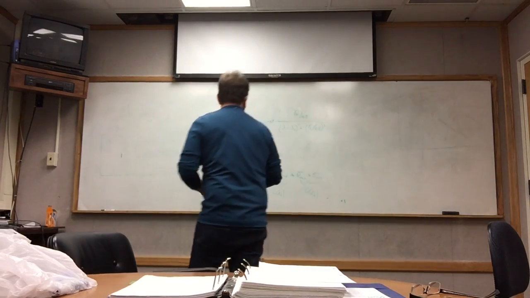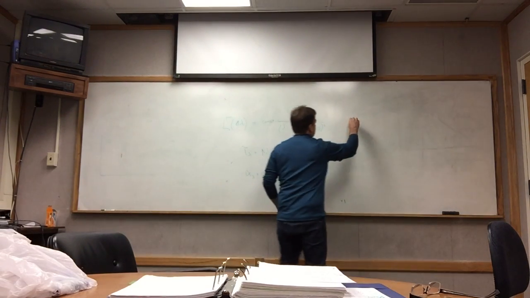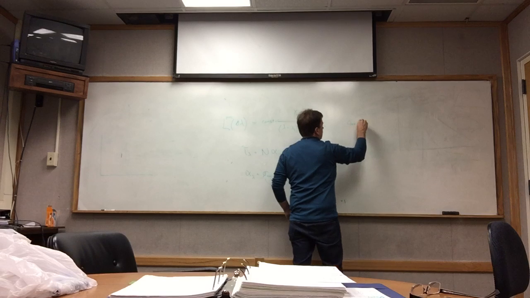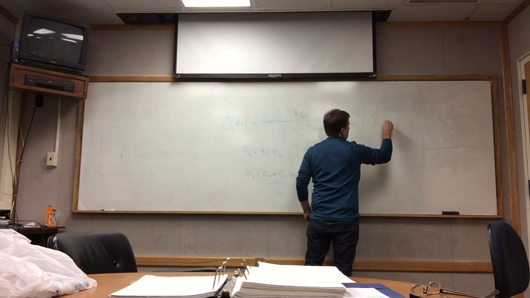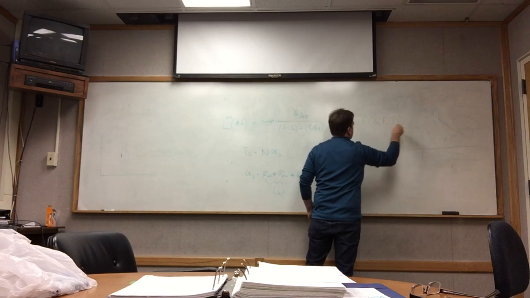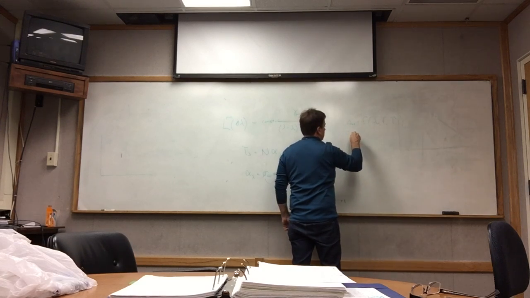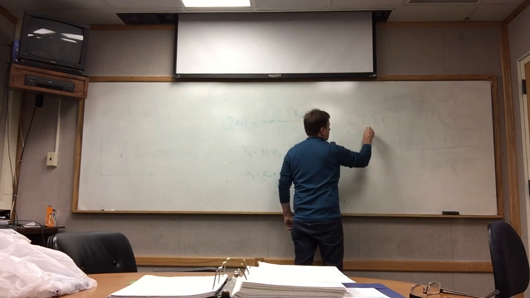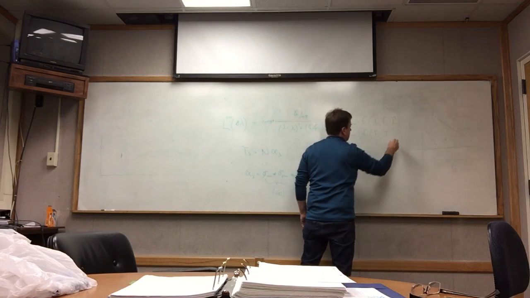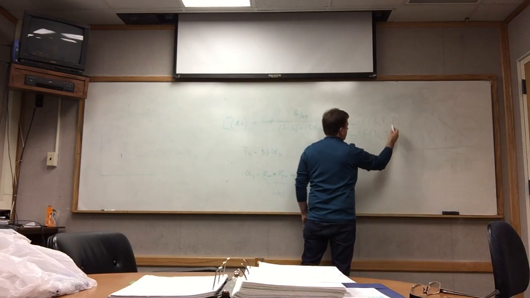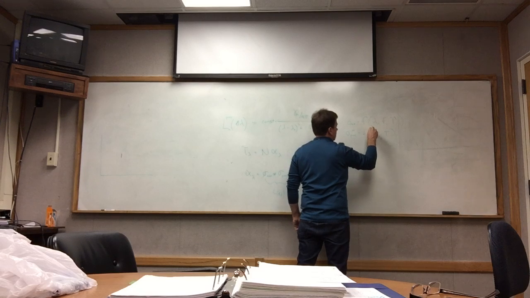Sigma natural is a function of lambda rest, oscillator strength, and damping constant. And sigma pressure was a function of pressure and temperature, for a given n.